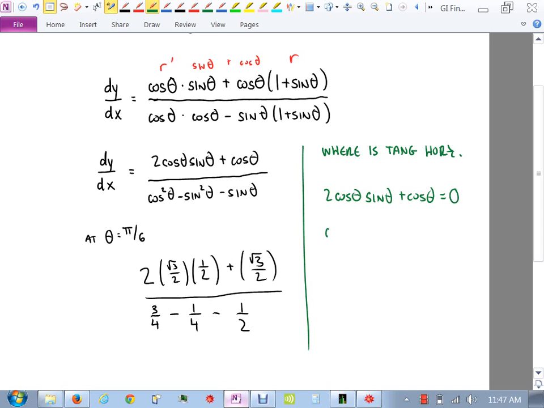And so you'd factor out a cosine theta. You'd be left with 2 sine theta plus 1 equals 0. And you may remember doing equations like that in pre-cal. You set each of those factors equal to 0. And the other equation, when you set it equal to 0, you get sine theta equals 1/2. Where are all the places that cosine is 0?